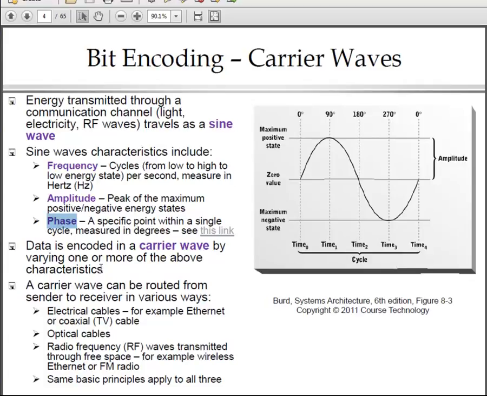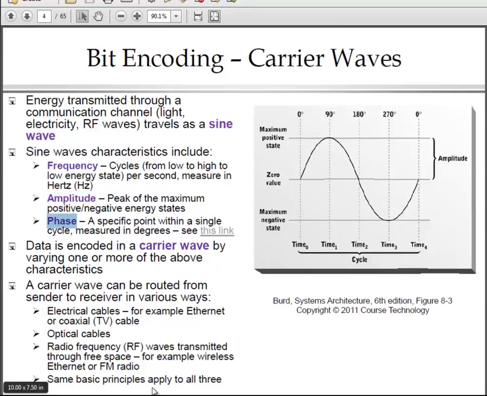We want to vary those to encode bit values. Remember, bit values 0 or 1. So that's the basic idea behind data transmission. Take the fundamental carrier wave and vary something to represent zeros and ones.